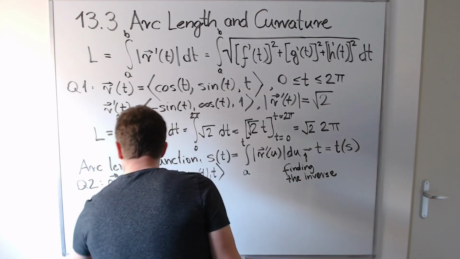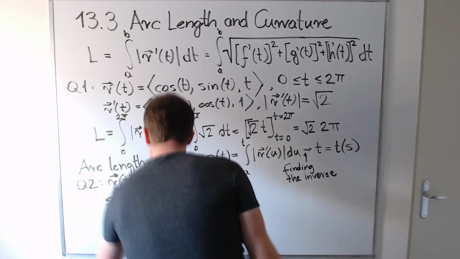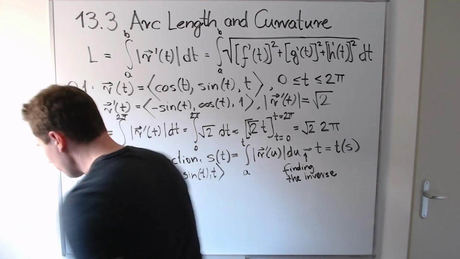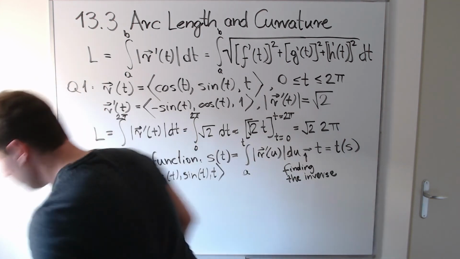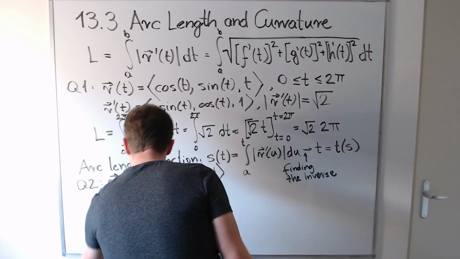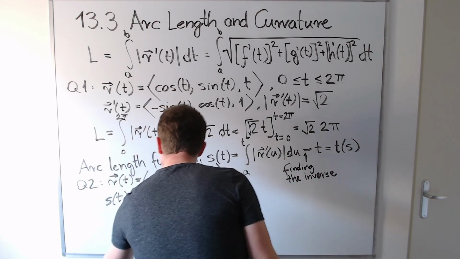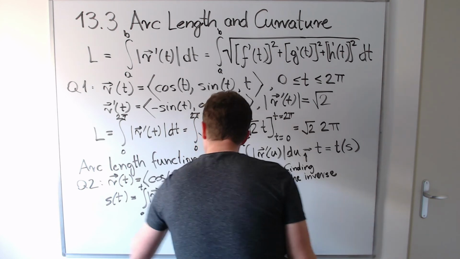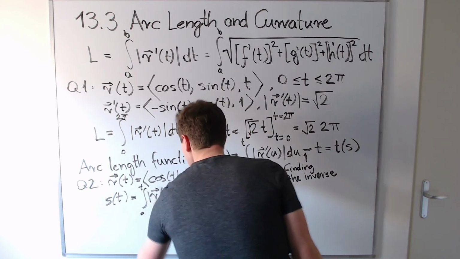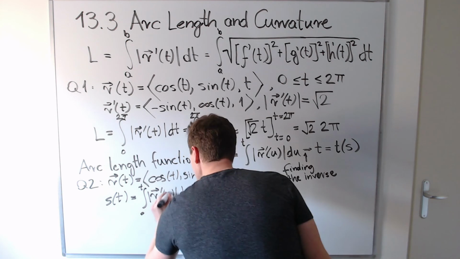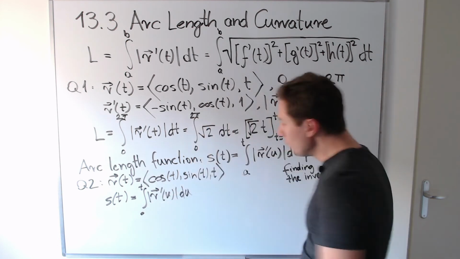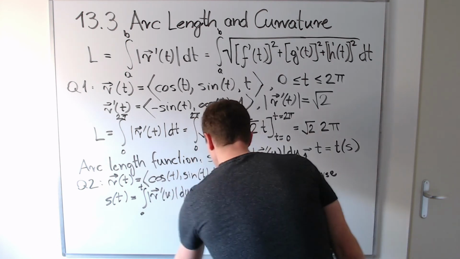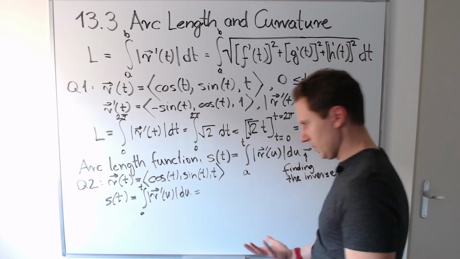So s of t will be the integral of this function from 0 to t, this function being the derivative of r(t), well, its length, really. Sorry, I said I wouldn't use two t's, so let me put u instead of t in the arguments. So we are integrating with respect to u.